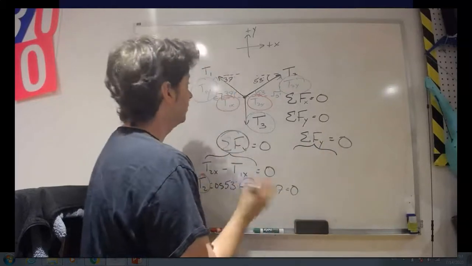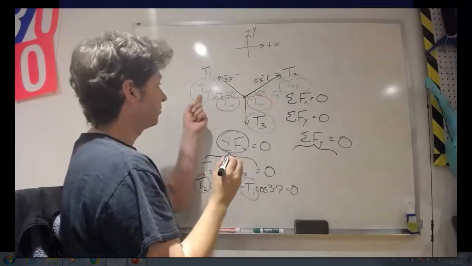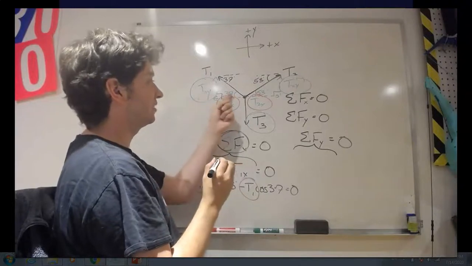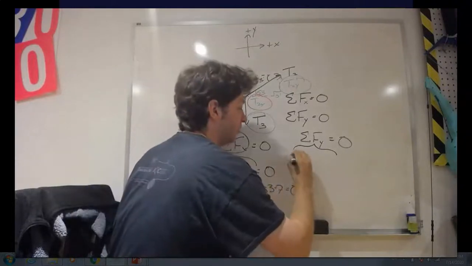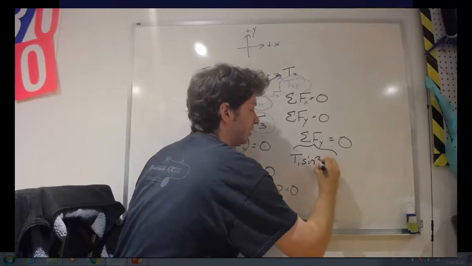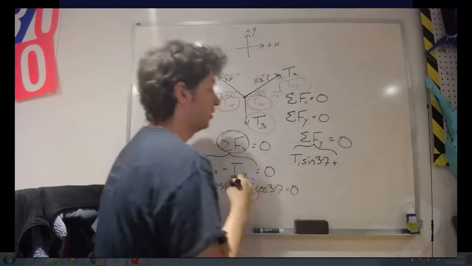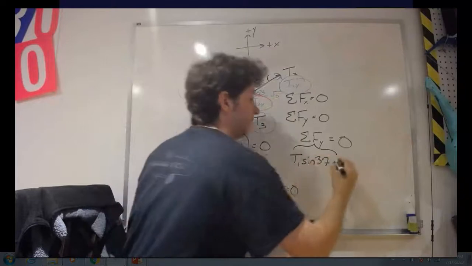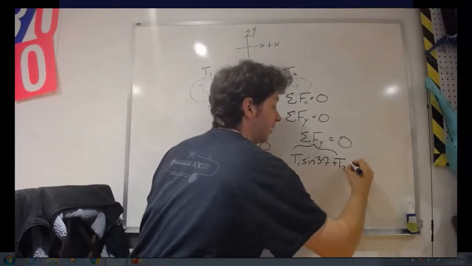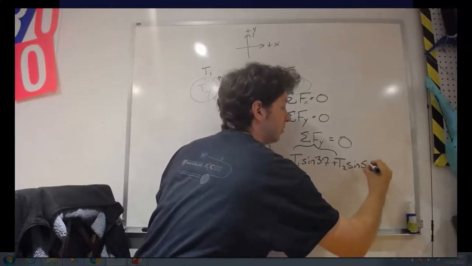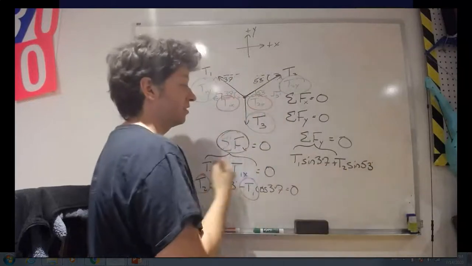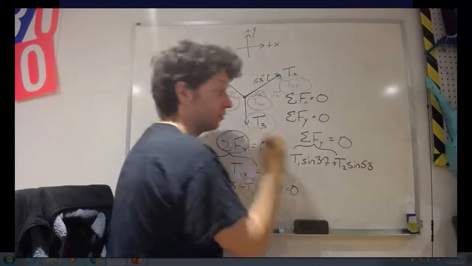So we have t1y, and I'm just going to replace t1y with t1 sine 37. So we have t1 sine 37 plus we have t2 sine 53, which is t2y. And then we subtract t3, which I know is 100 newtons.